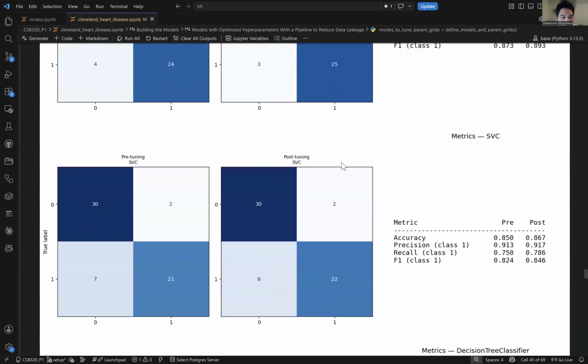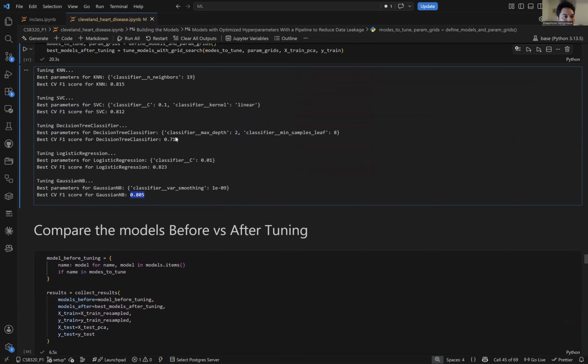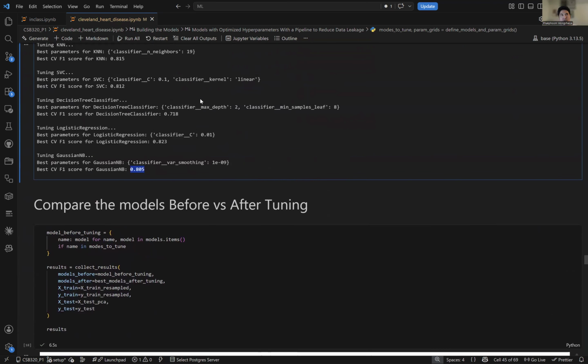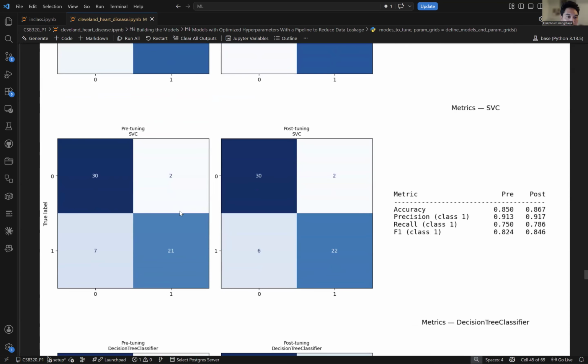For SVC, here it also did a little bit better by giving its parameter a linear classifier of C. I think the default was 0.01, so by making it a little more loose, it was able to do a little bit better for the recall, but nothing changed on everything else there.